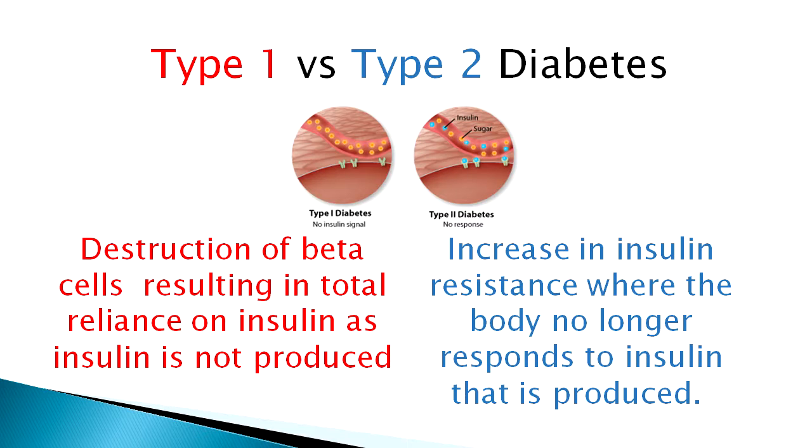It is a destruction of those beta cells in the pancreas that I just mentioned. The beta cells don't work at all, and so they don't produce any insulin at all. So type 1 diabetics will forever be relying on insulin. They can't take any pills or anything else, and they will be forever relying on insulin.